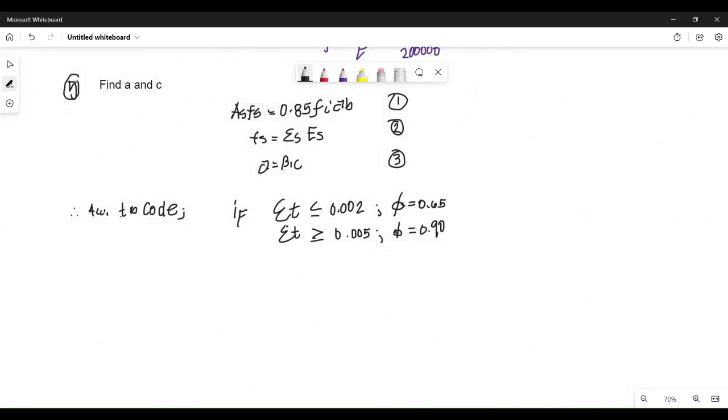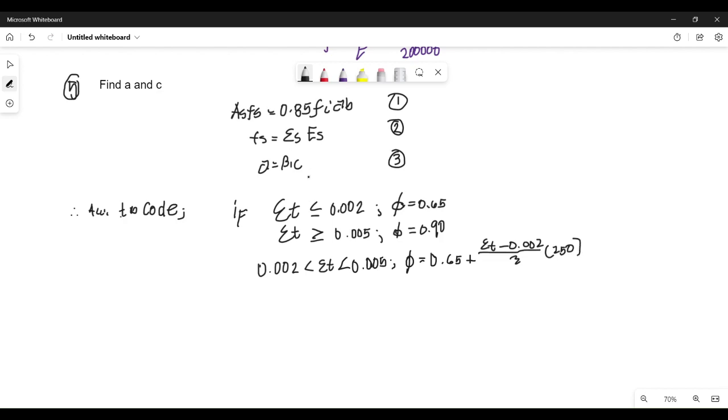If your strain T is between 0.002 and 0.005, your phi here is equal to 0.65 plus strain T minus 0.002 all over T times 250.